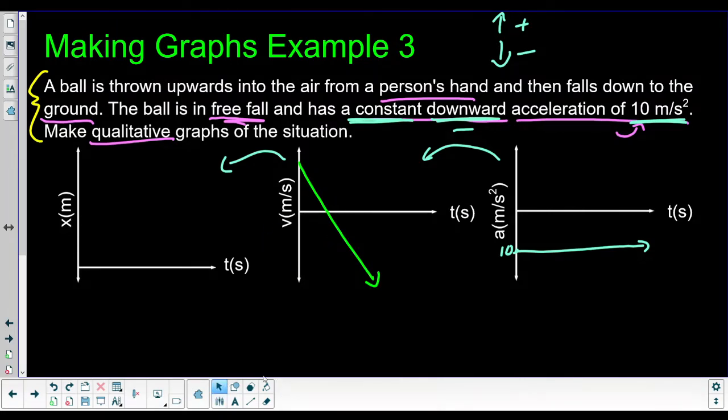Does it matter if I do that? Is the slope still negative 10? Yeah, absolutely. Is this slope still negative 10? Mm-hmm. What about that one? Yeah, 100%. But depending on where we put this, we're going to get very different position versus time graphs.